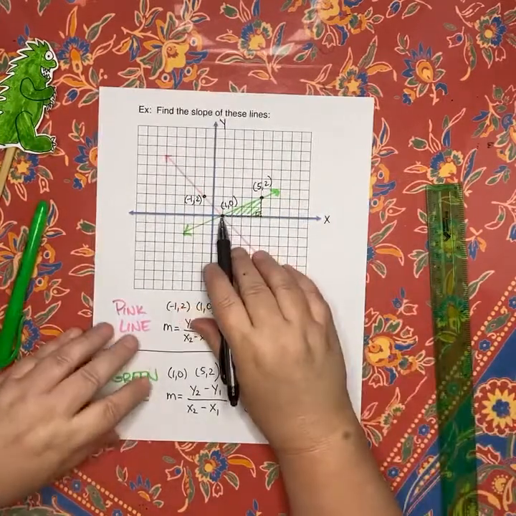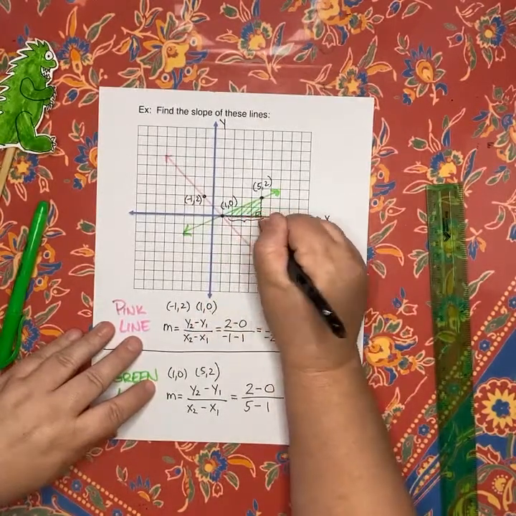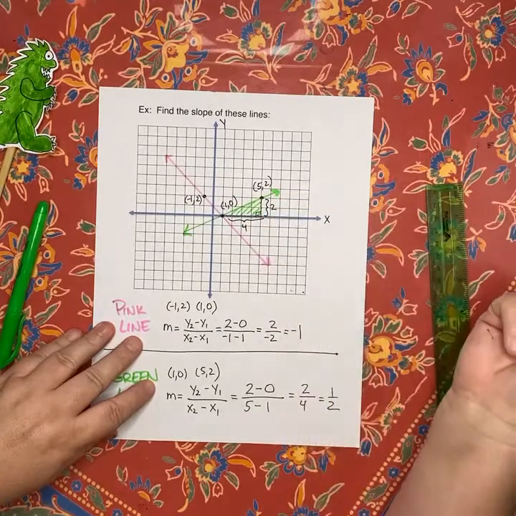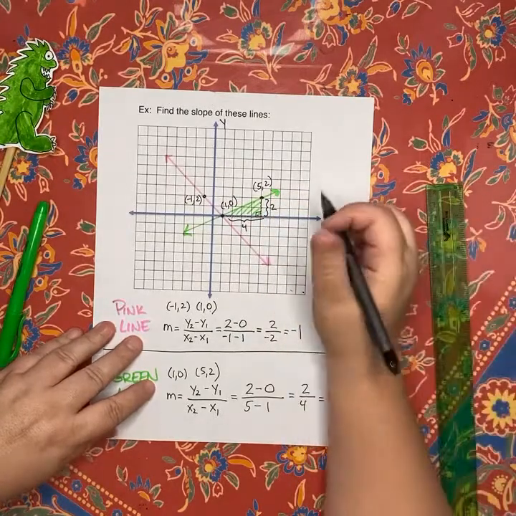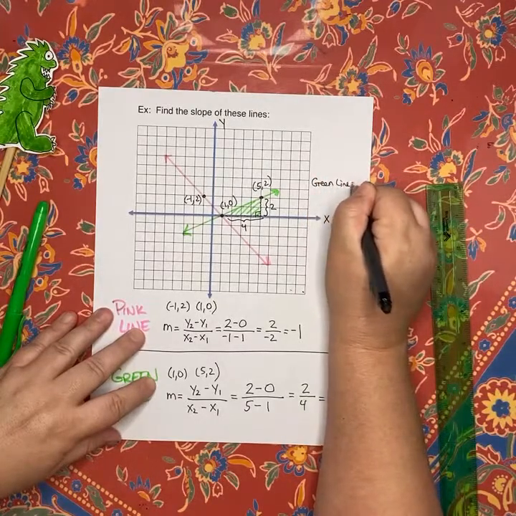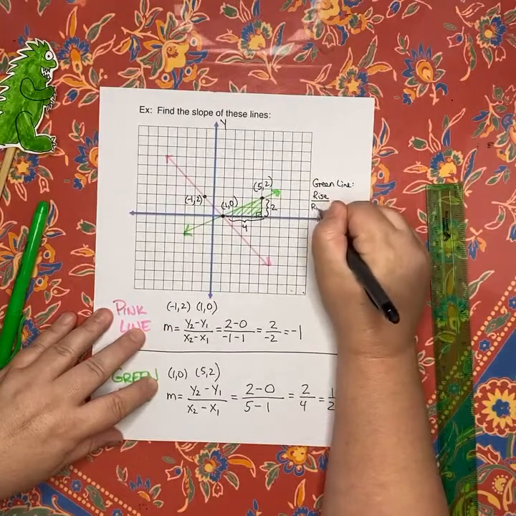Now I'm going to count this. 1, 2, 3, 4. So this side is 4, and this side is 2. And for the green line, rise over run.